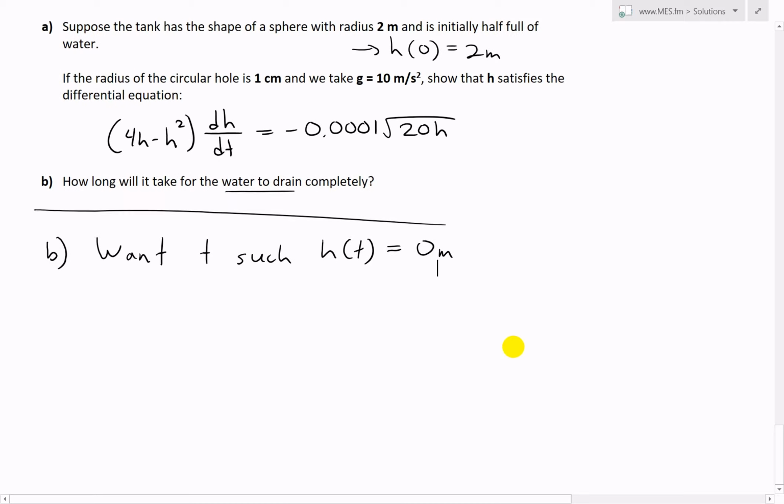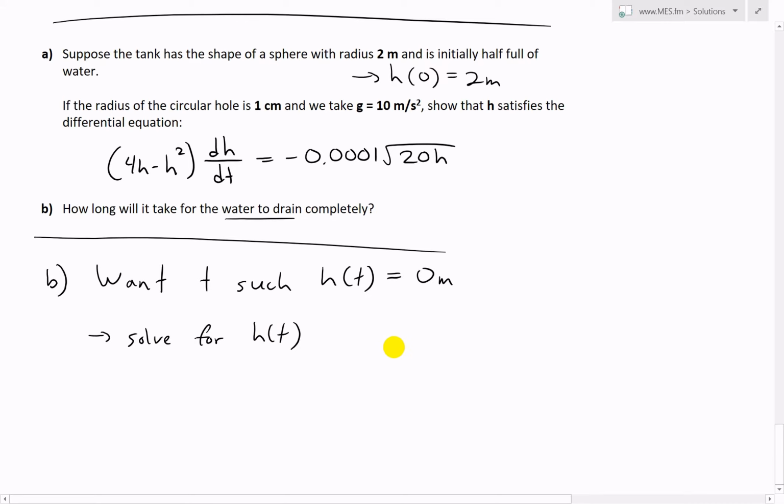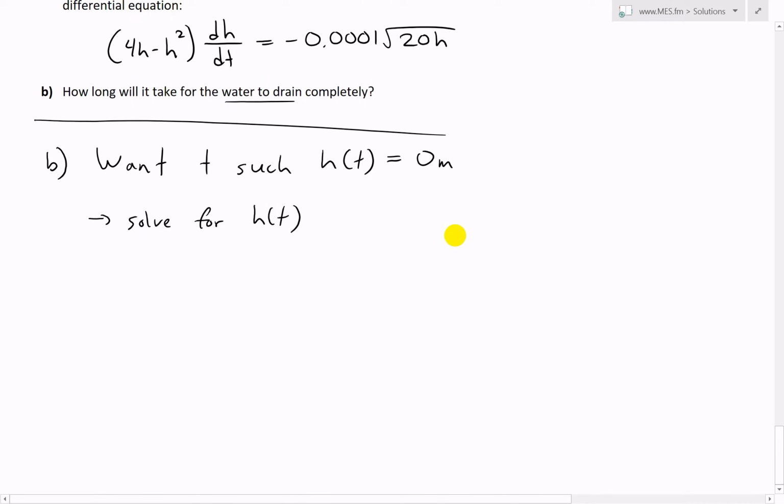So what we have to do is first solve for the height. We need to solve for the height of the water as a function of time as it drains from the spherical water tank. And what we have is (4h minus h squared) dh/dt, which is our differential equation with the derivative of the height as well as the height in the formula.